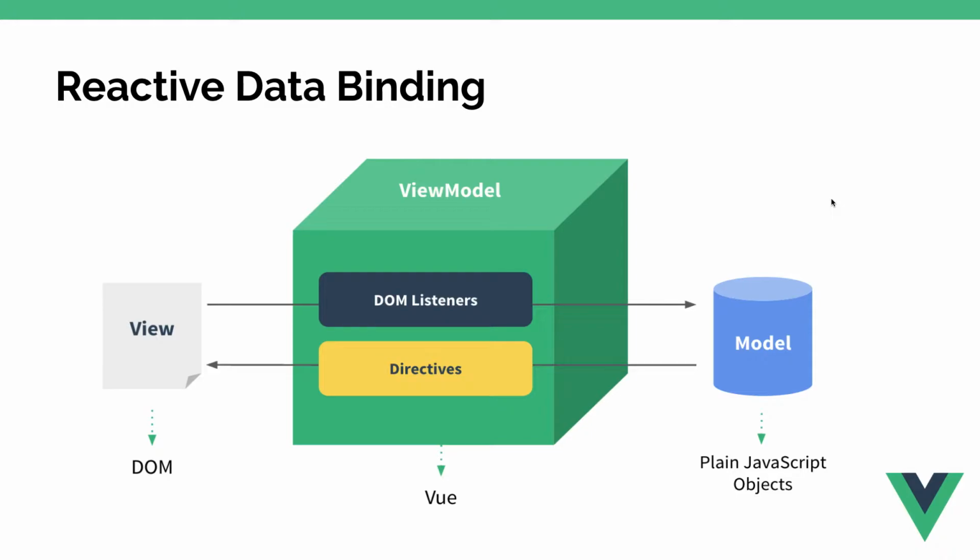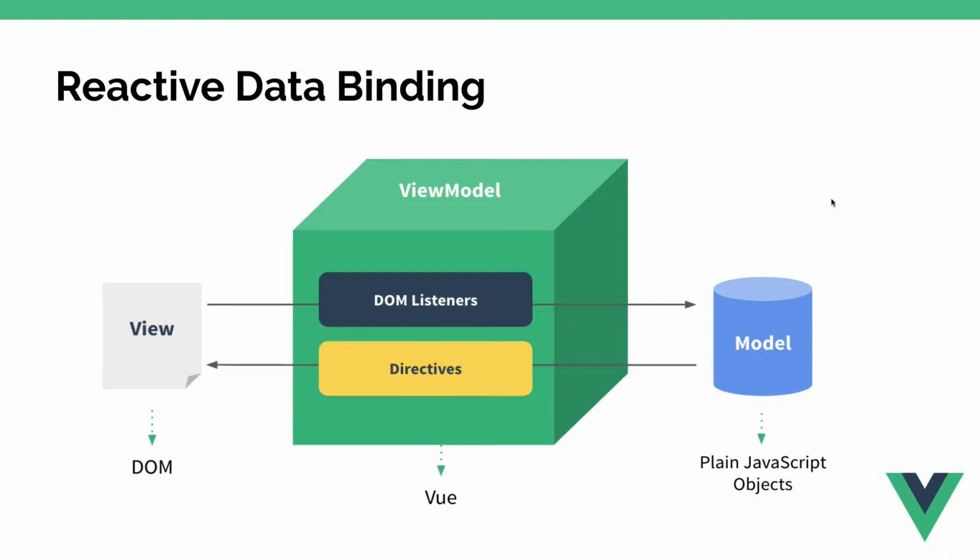Whenever a change happens, like clicking a button or updating an input value, it is listened to and the model updates the data, and it returns back to the DOM. First it updates the virtual DOM and then compares it with the real DOM. Whatever changes are in the virtual DOM are updated to the real DOM.